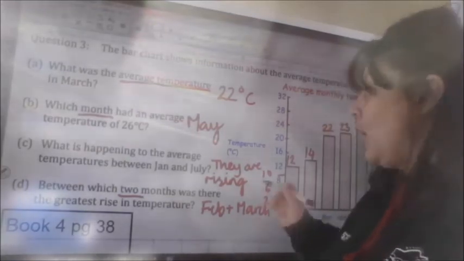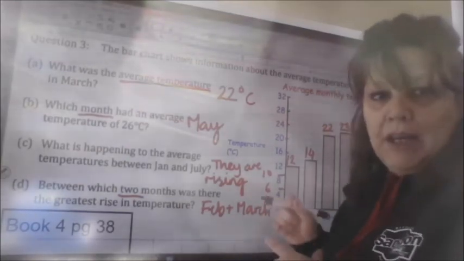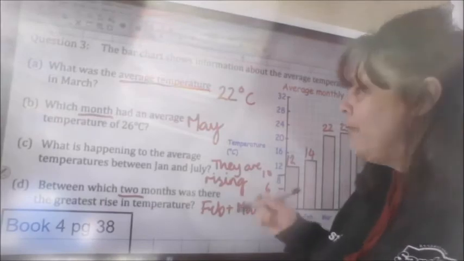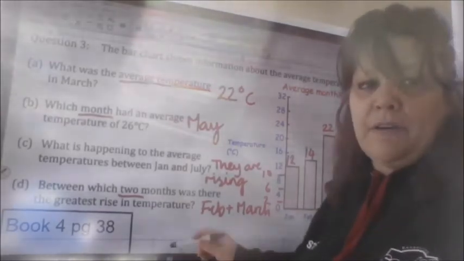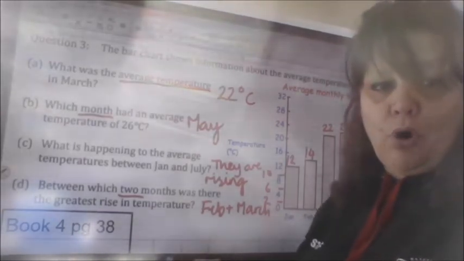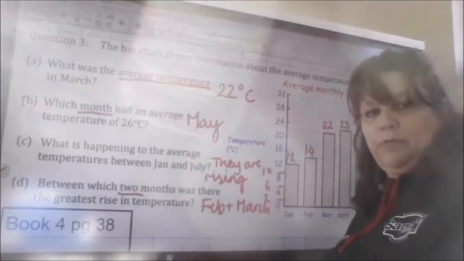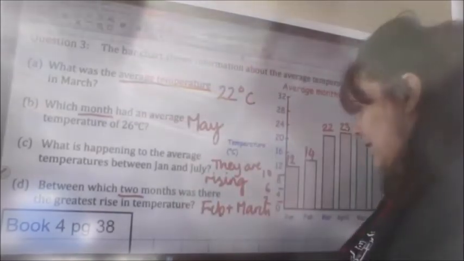Okay, hopefully you've done really well on those questions. Right, you're now going to have a little go at book 4, page 36. So if we just have a little look at it together. Okay, I've got it on the board here. So you have got a bar chart again, and have a little look to start off with.